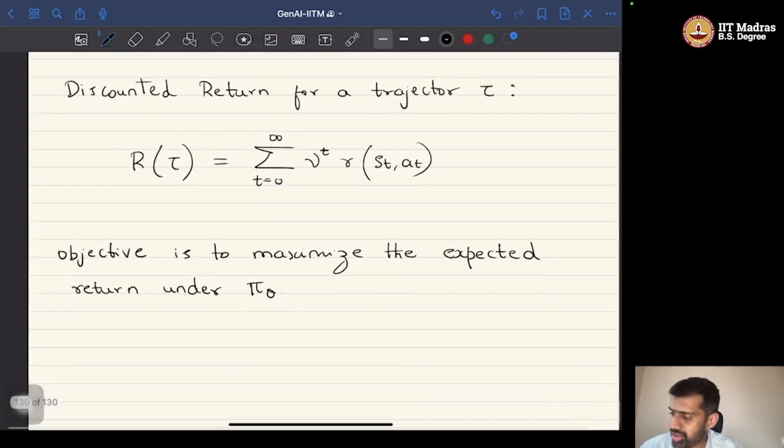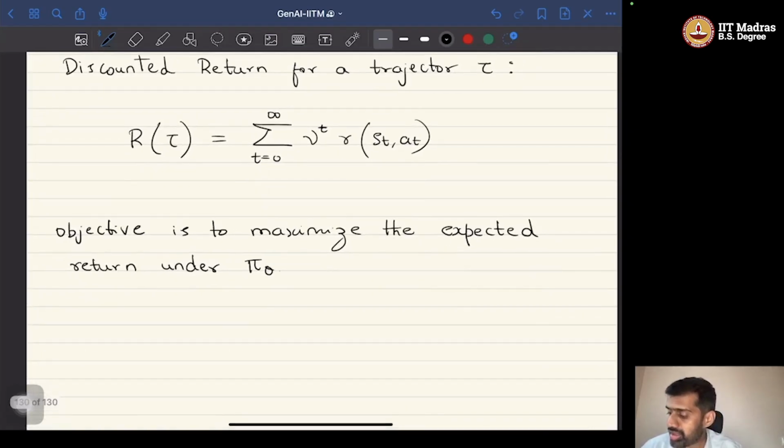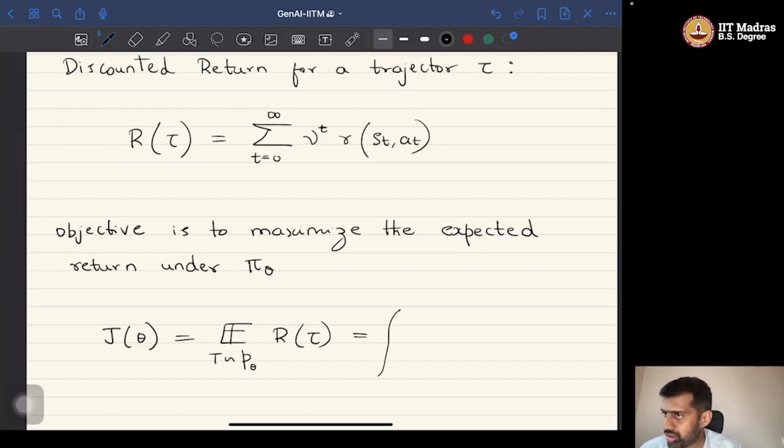Okay, so what does this mean? Mathematically speaking, the objective J theta is the expectation of the discounted return where the trajectory is being sampled from p theta, which is given by the integral of p theta of tau times R of tau d tau.